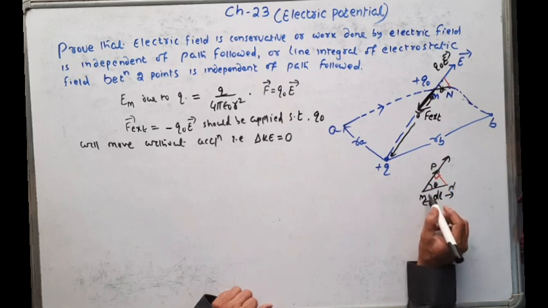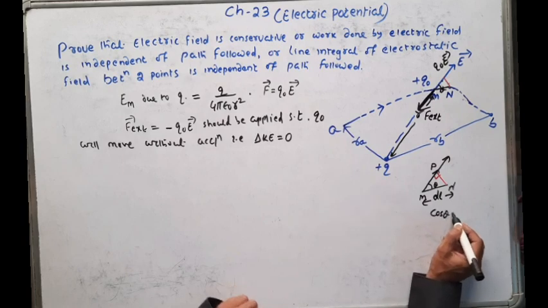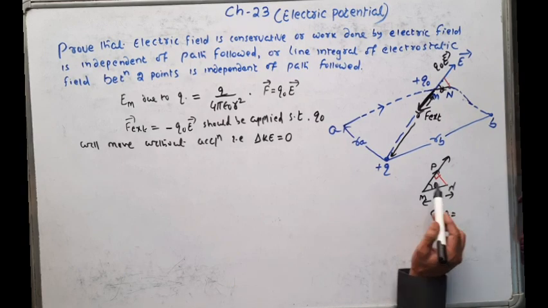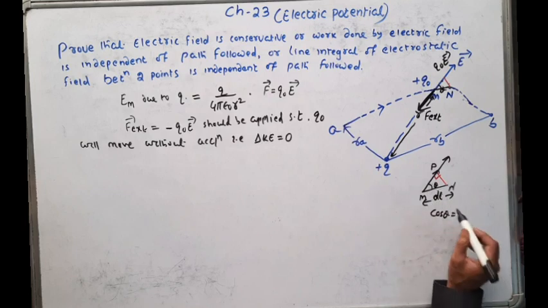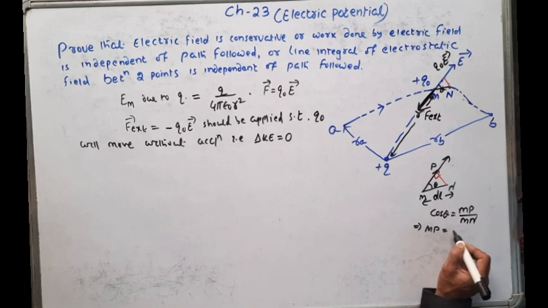So what is MP? In this right angle triangle, I can say cos theta is equal to base by hypotenuse. So base is your MP, hypotenuse is your MN. So that implies MP is equal to MN cos theta. What is MN? dl.